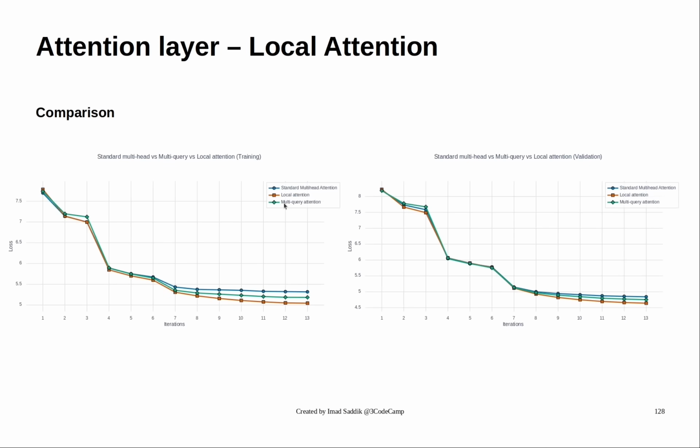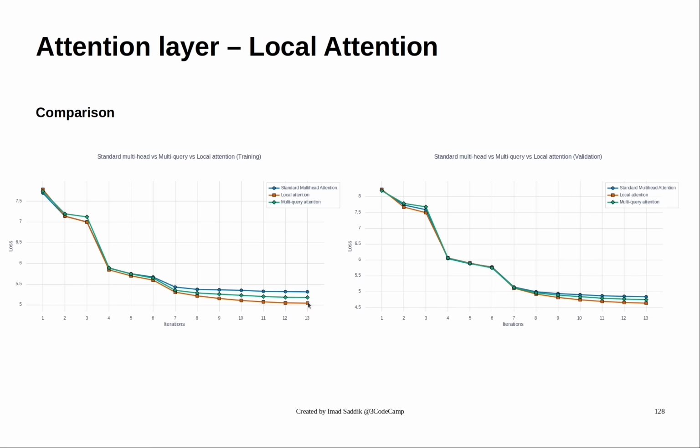Now let's compare local attention to the previous methods, multi-head attention and multi-query attention. Here are the two figures. As you can see, local attention is beating the other two methods in both training and validation. The difference between local attention and multi-query attention is minimal.